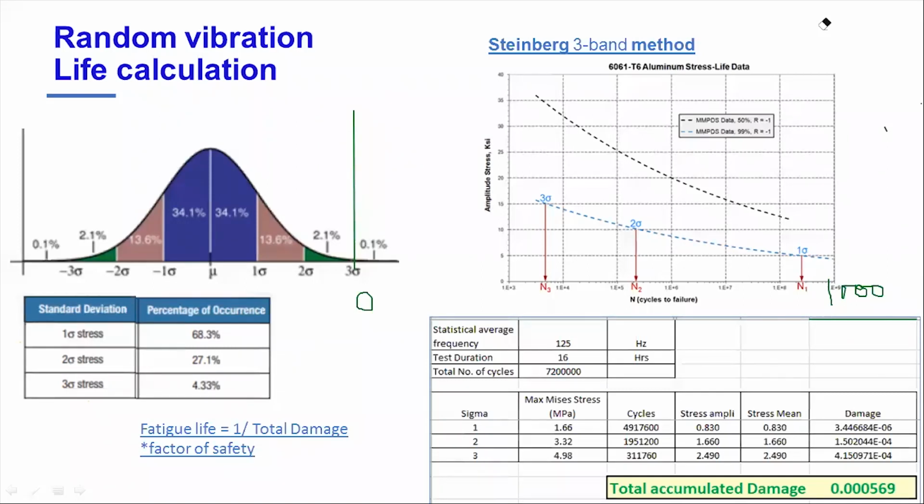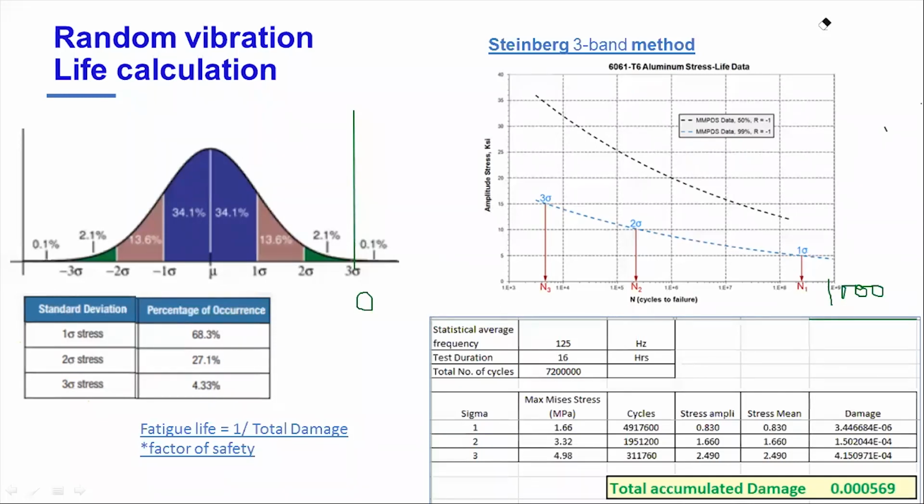If you remember the Basquin's equation we discussed, you take this root mean square stress to Basquin's equation, correct for mean, and then calculate your number of cycles. That is one approach, and it is a conservative approach.